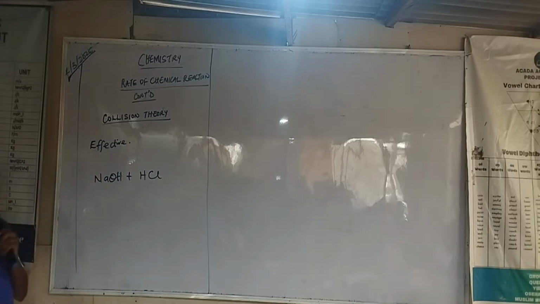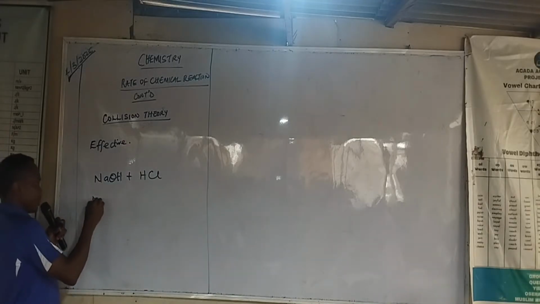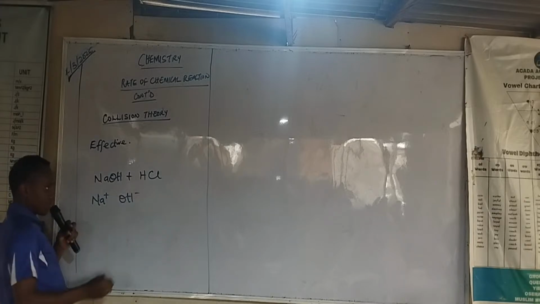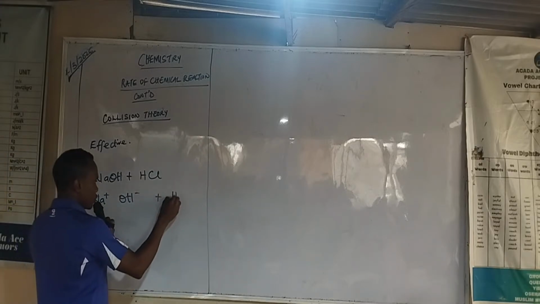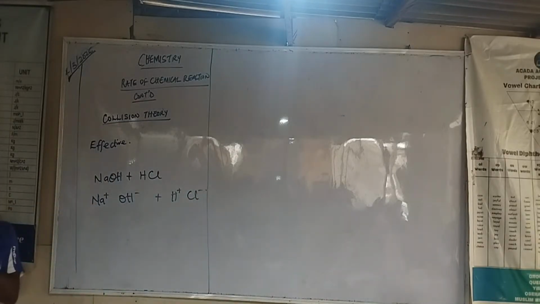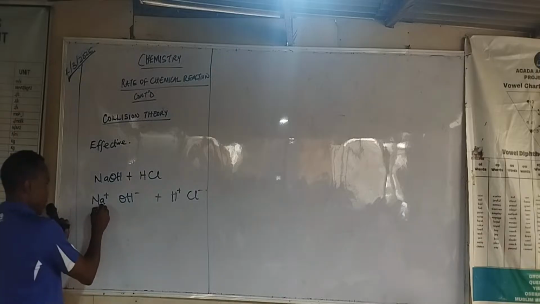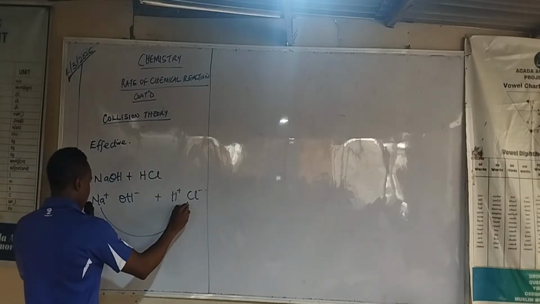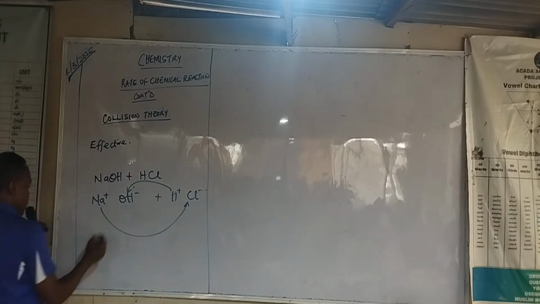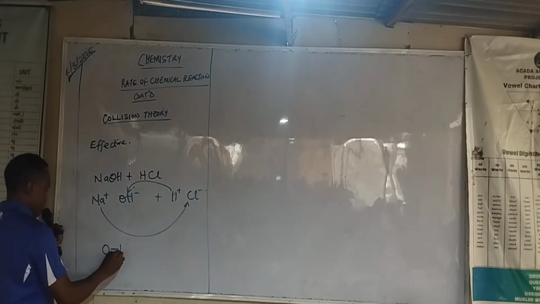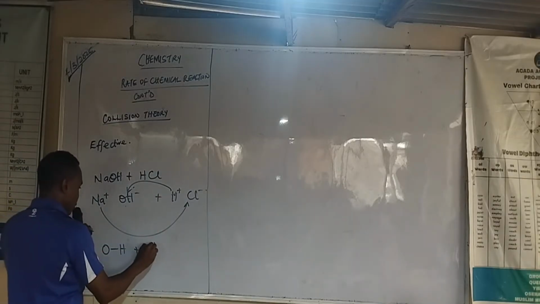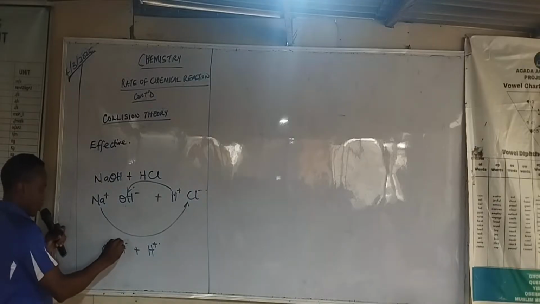These reactants, we can depict in terms of ionization, with OH minus, such that we have H plus here and Cl minus. For the interaction, these have to interact with this, while these interact with this. So it's interacting with H plus here. This one is OH minus.